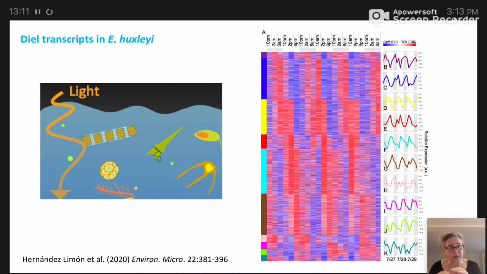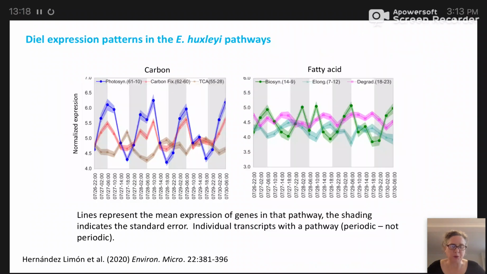And we can go in and ask, well, what functions are changing over the course of the day? And I just wanted to briefly show you a couple of examples here for carbon pathways and some fatty acid pathways.